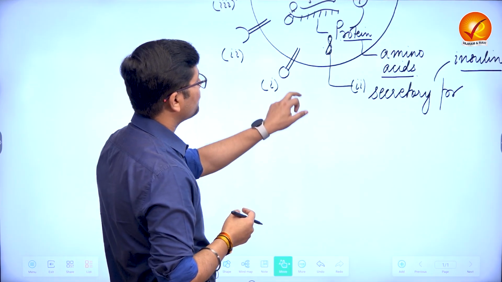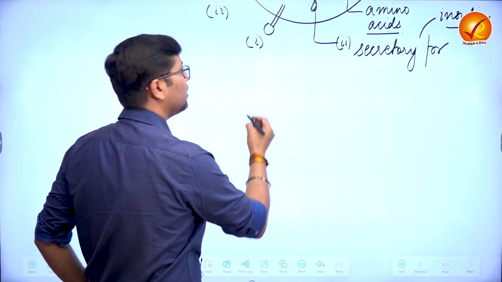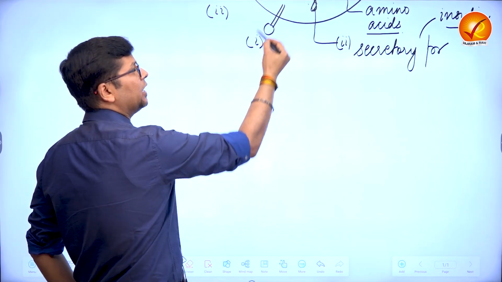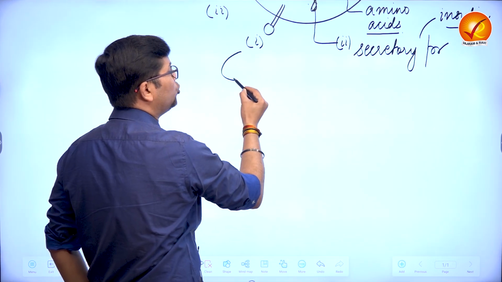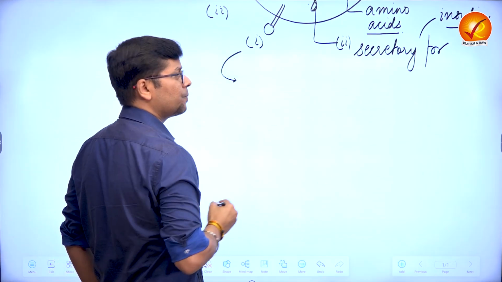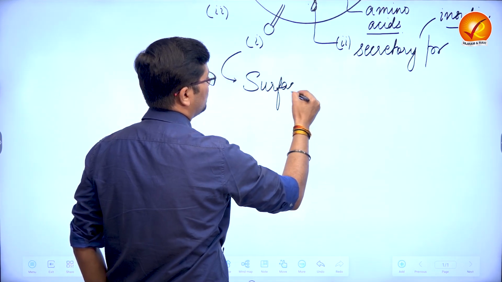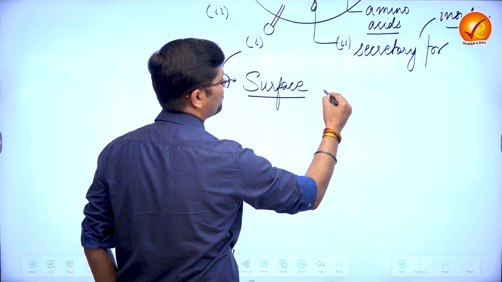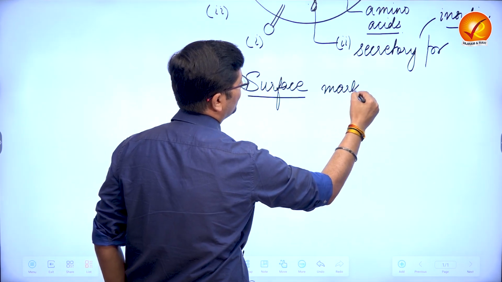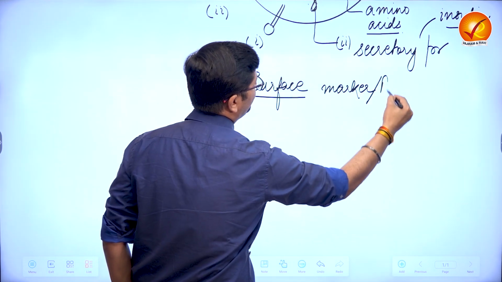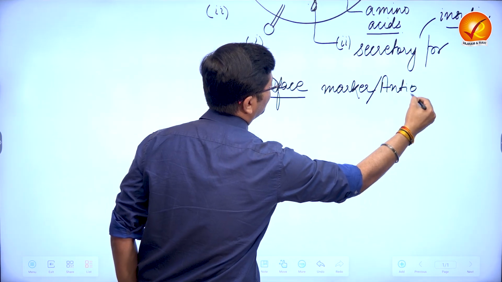Listen carefully. Let us say this first category. There is a group of membrane proteins which behave as the surface markers or surface antigen.